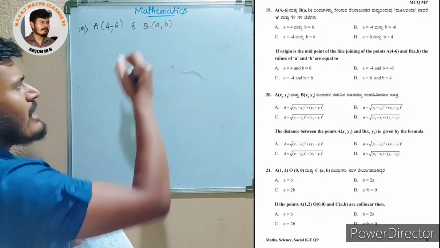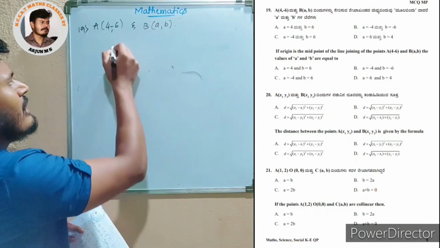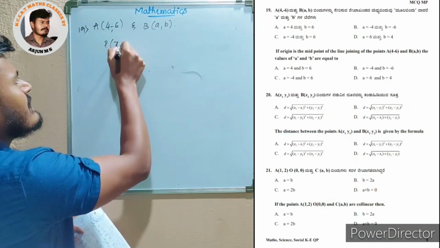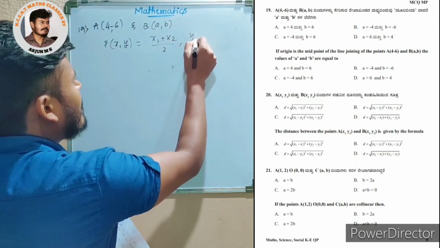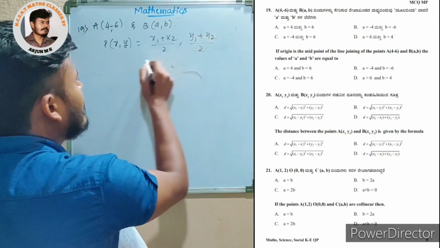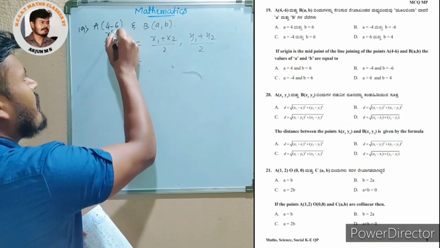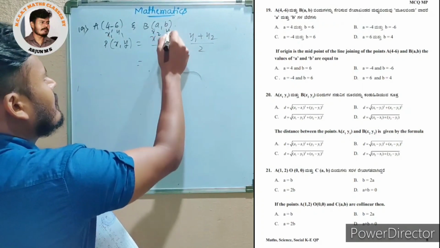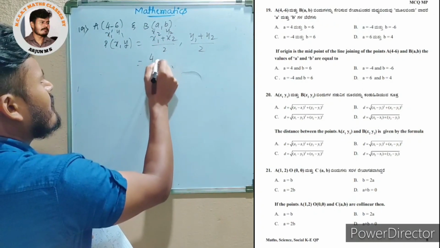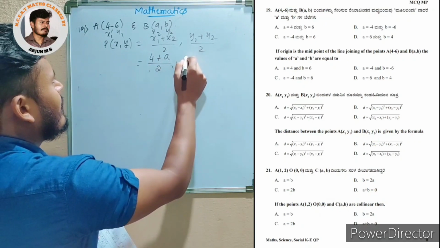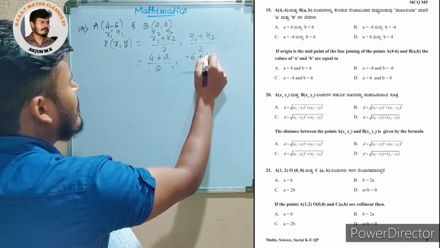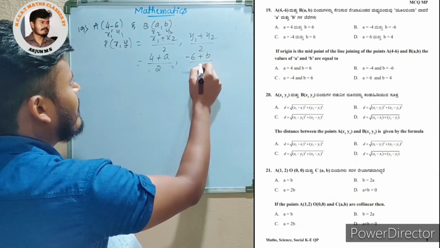So then what are the values of a and b? We know that the formula for the midpoint is P(x, y) equal to x1 plus x2 divided by 2 and y1 plus y2 divided by 2. So let us consider x1, y1, x2, y2. So here x1 is 4 plus we don't know the value of x2, that's why write down a here. y1 is minus 6 plus we don't know the value of y2, just write down b here.